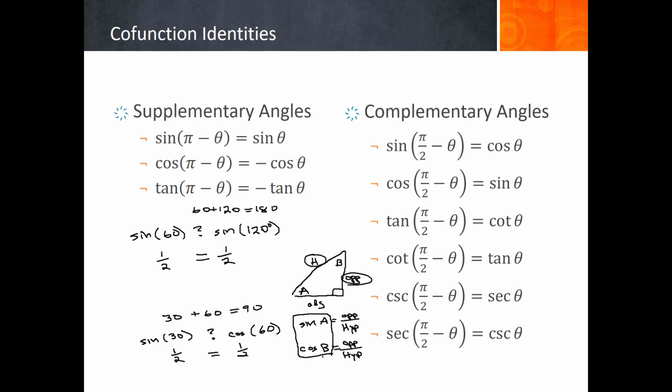So again, the A and the B angle have to be complementary, because they have to add up to 90 degrees, because the whole triangle has to add up to 180 degrees, and you already have a 90-degree angle. And so that's just a quick visualization of why those complementary angles work the way that they do.